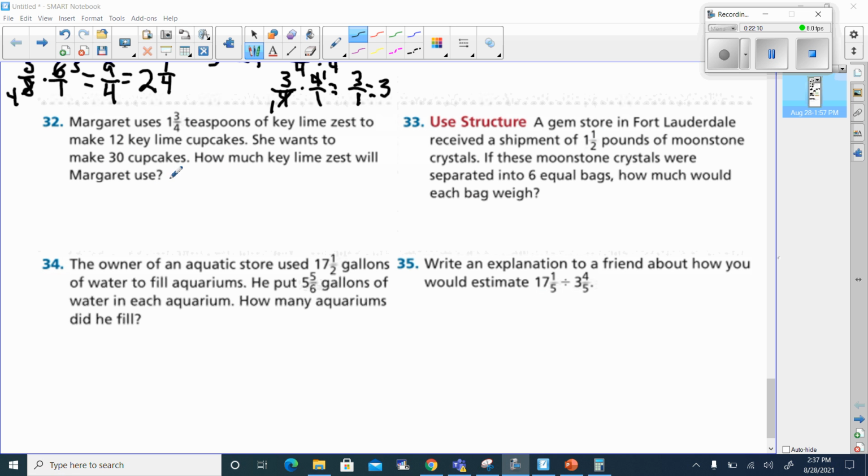Well, first what we're going to do is realize we're taking 1 3/4 and dividing it by 12. All right, so let's start there. 1 3/4 divided by 12. And we know this is really going to be 12/1. So when we keep, change, flip this is going to be 4 times 1, which is 4 plus 3, and that's 7. So this would be 7/4.